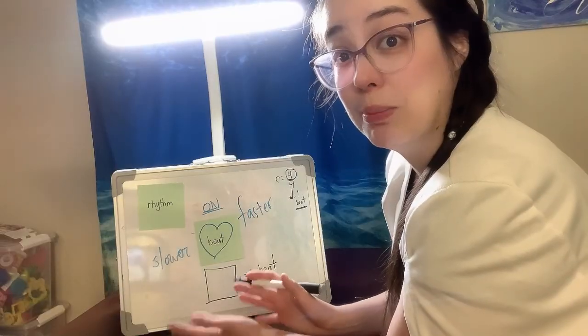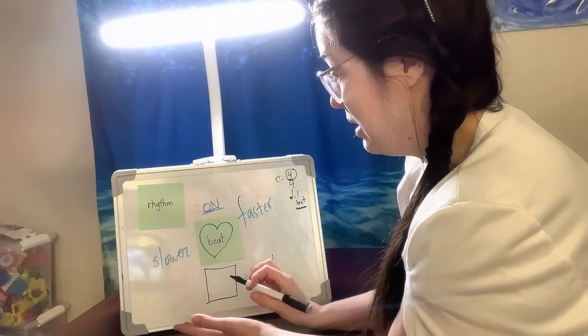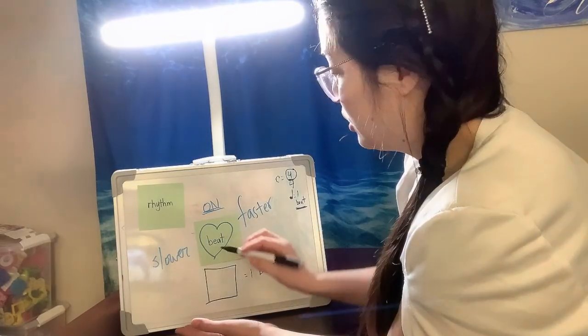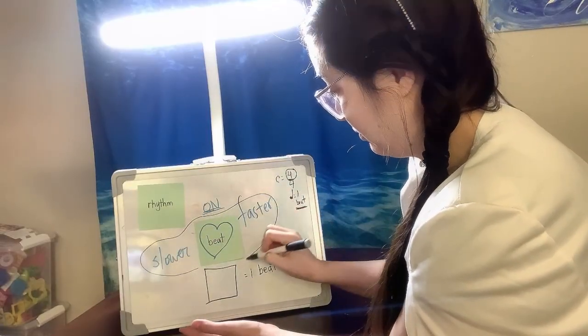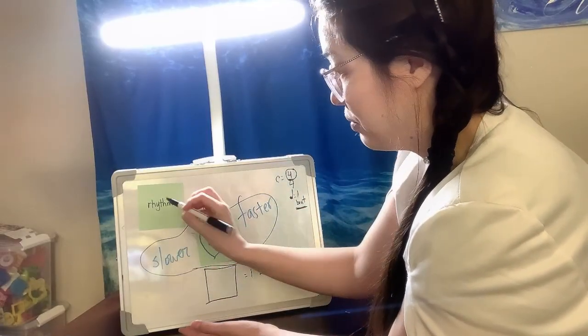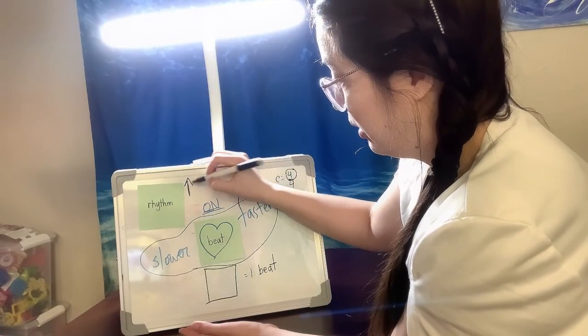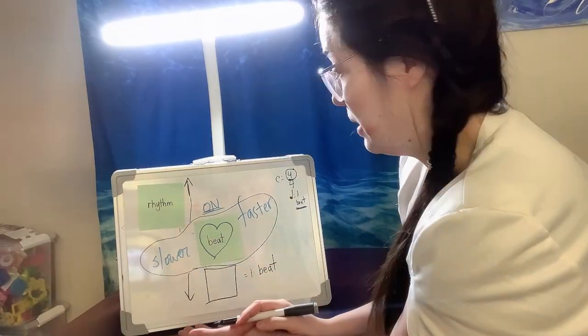We need more than 1 plate because the rhythm can be bigger or smaller than the beat. So we have the beat, which is slower or faster, and we have the rhythm, which is bigger or smaller than the beat.